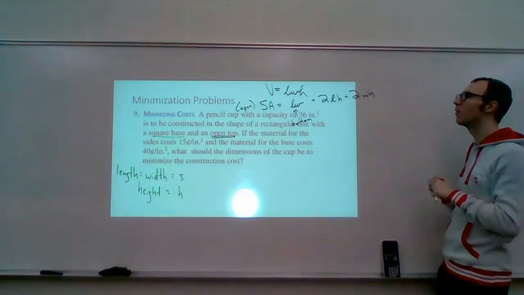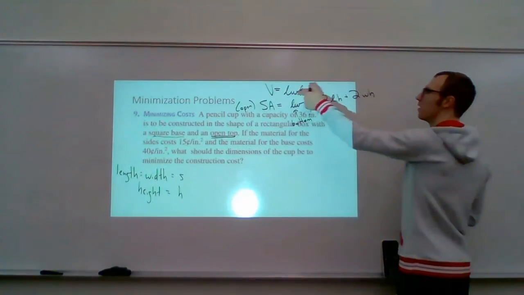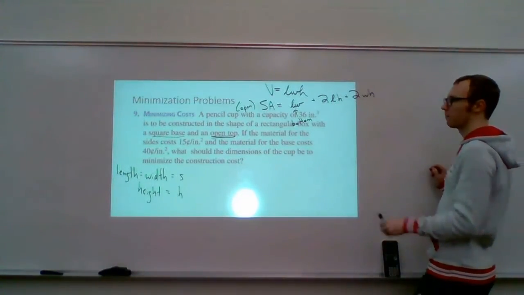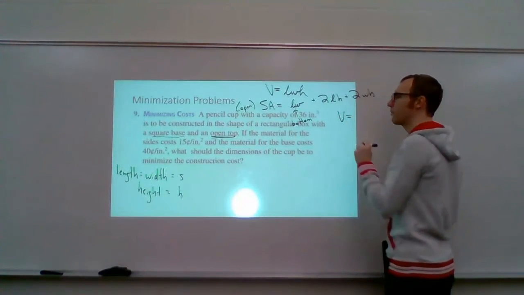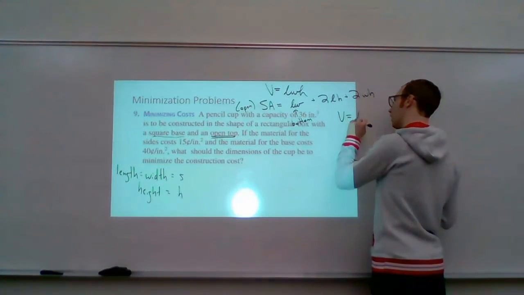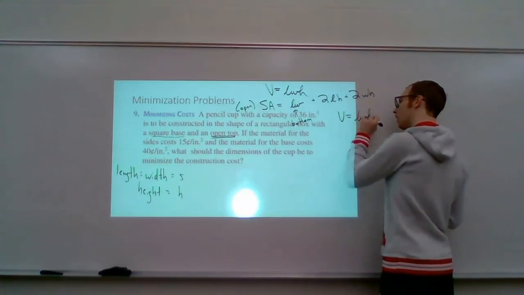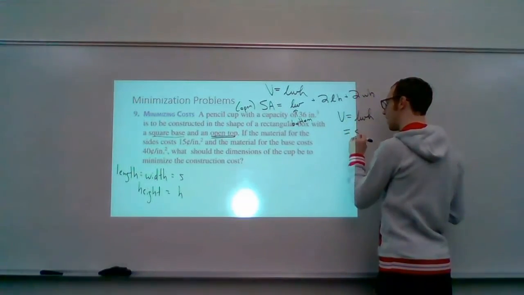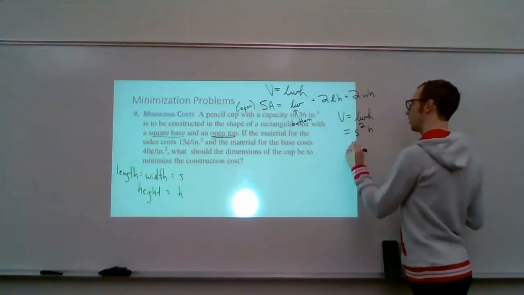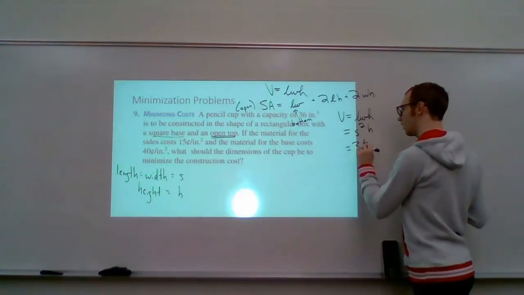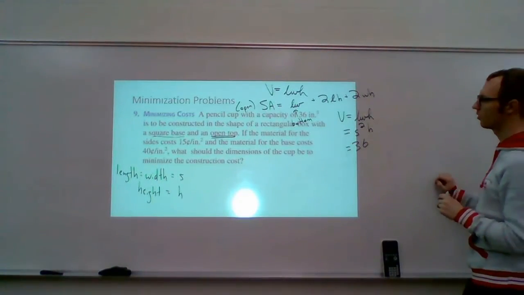So we've got the following information. The volume, length times width times height. So volume is equal to length times width times height. Well, length times width is S times S, or S squared, times H, is 36.